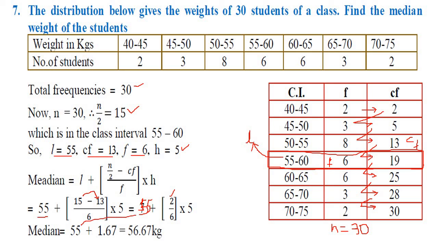Write 55 as it is, then you simplify: 5 into 2 is 10, 10 divided by 6, you will get 1.67. 55 plus 1.67 is 56.67. This is the median weight of all the students.